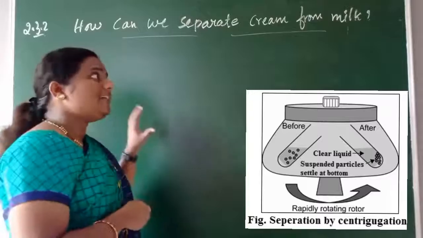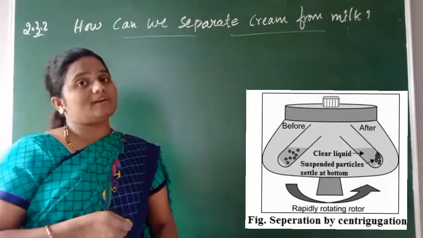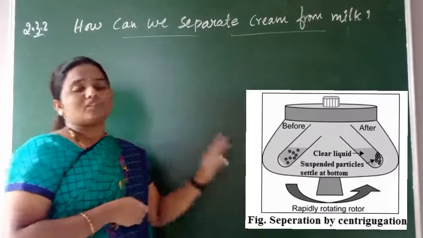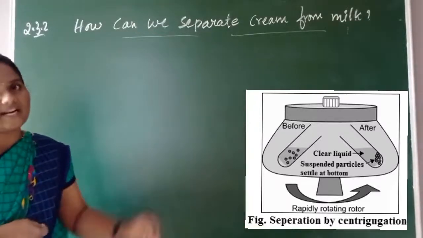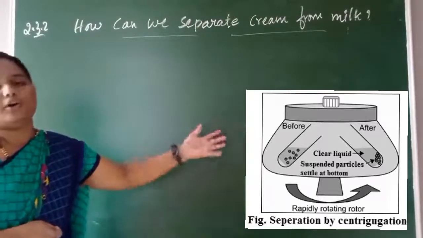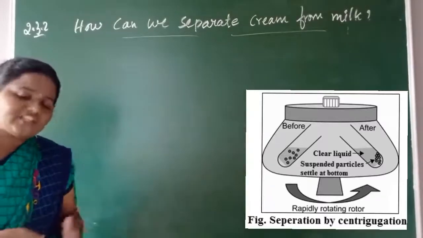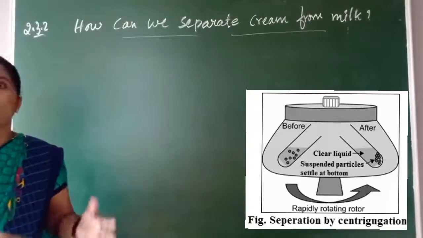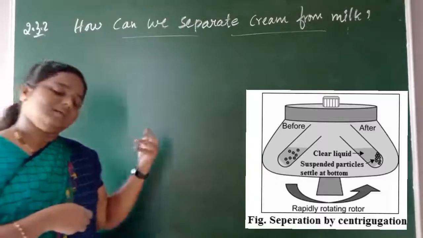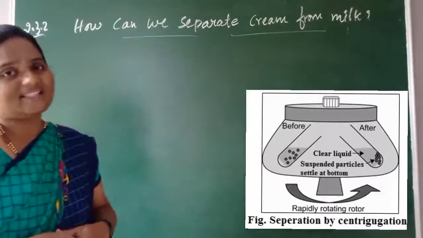It works on the principle that denser particles are forced to settle down, whereas the lighter ones stay at the top of the milk, which we get as butter. By doing so, we take butter from the milk, isn't it, children?